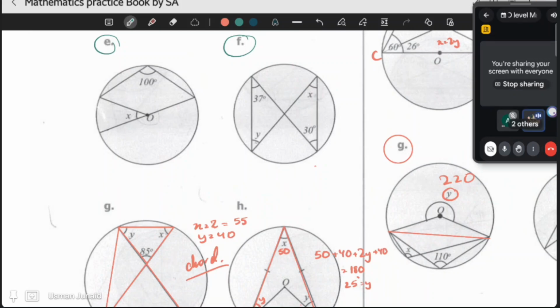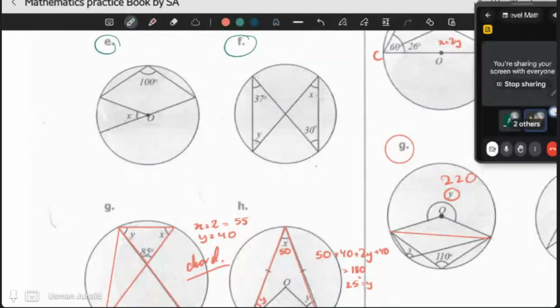Sir, for E, X is 80, and for F, X is 37 and Y is 30. E कितना क्या किया? X is 80.